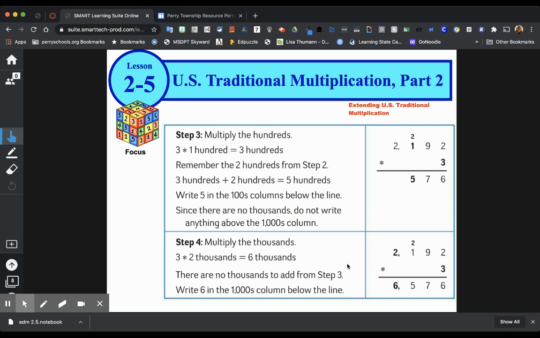And then finally, step 4 here, multiply by the thousands. So we're going to take 3 times 2 thousands, which gives us 6 thousands. There was nothing to add on. So we can finally see that 2,192 times 3 equals 6,576.